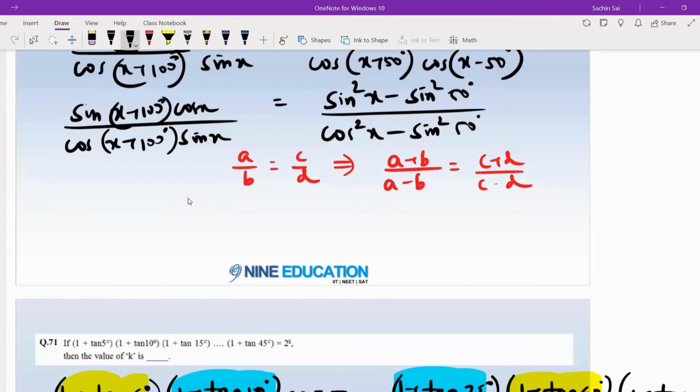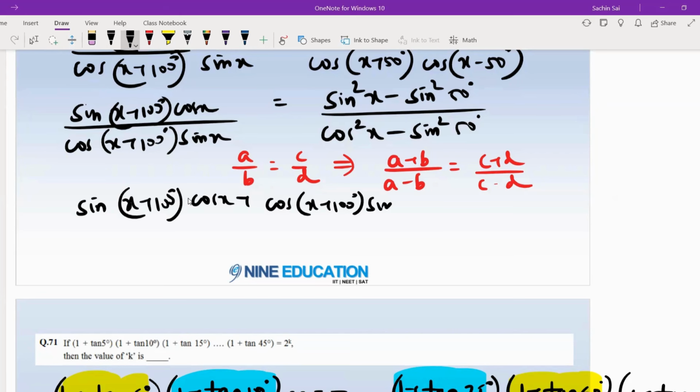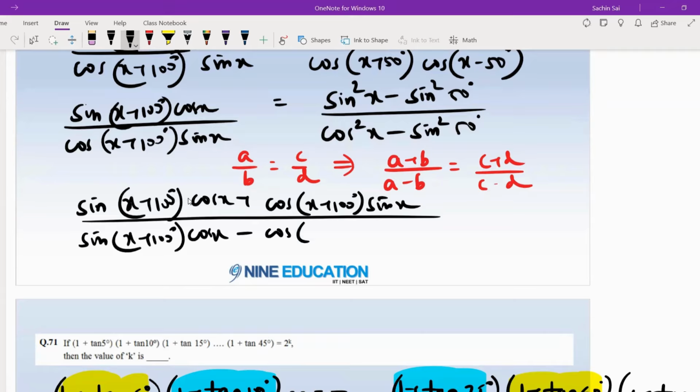So if I make use of that, sin x plus 100 cos x plus cos of x plus 100 sin x whole divided by sin of x plus 100 cos x minus cos of x plus 100 sin x equals.